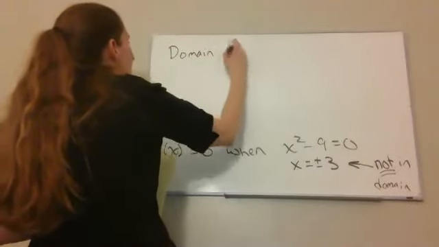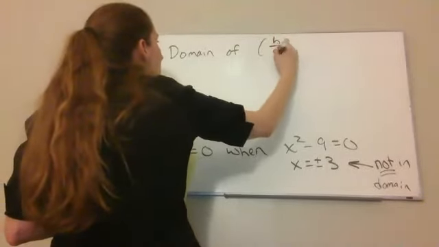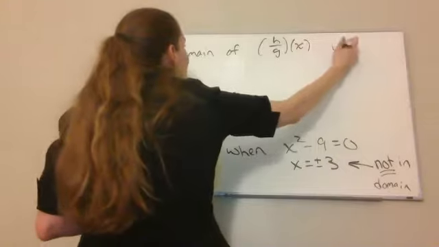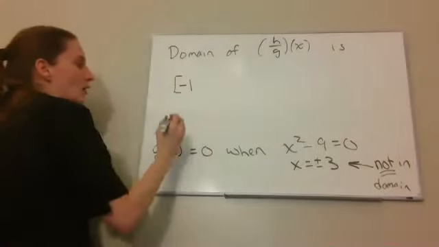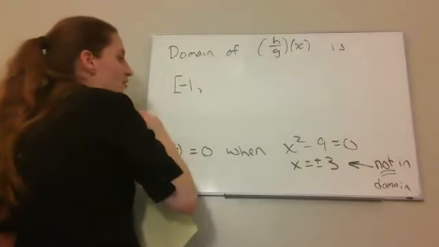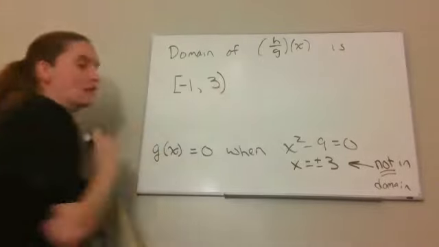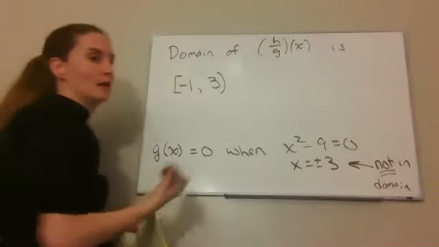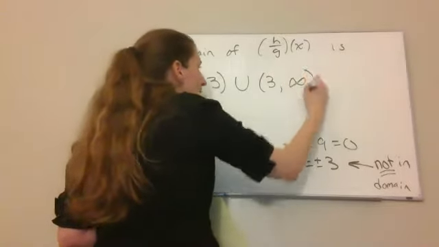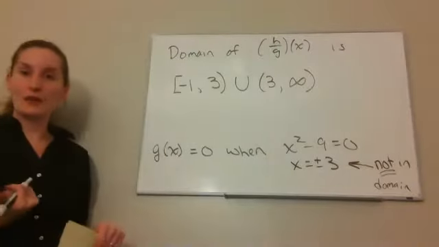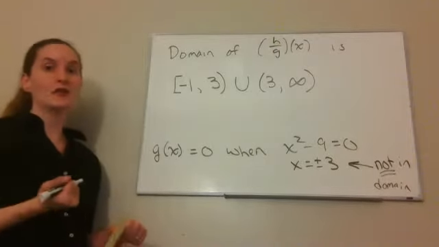So domain of h over g of x is, we start with the smallest number allowed, which is -1, and we go until we reach a number we can't use, +3. Use a parenthesis to say we can't use 3. We continue from there all the way to infinity. So I get -1 to 3, not including 3, and then 3 to infinity, still not including 3.